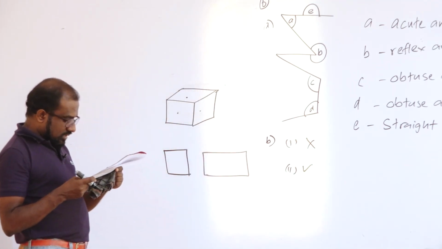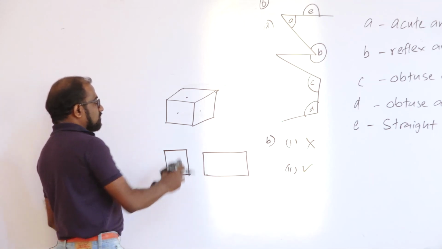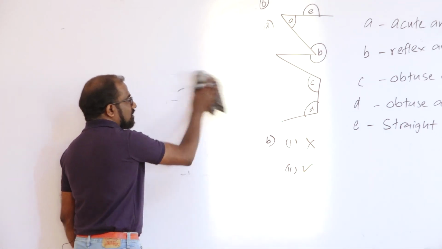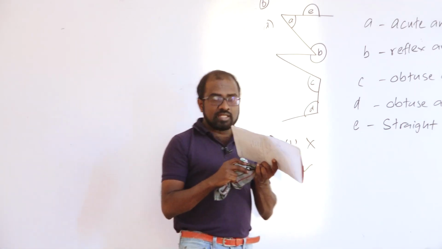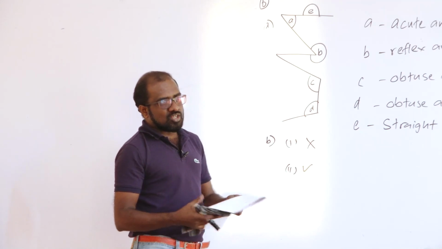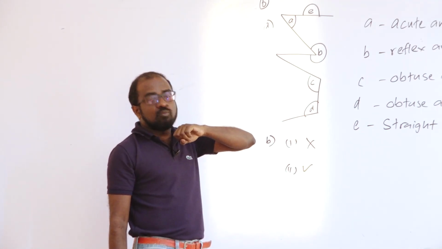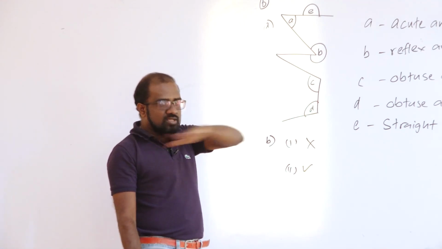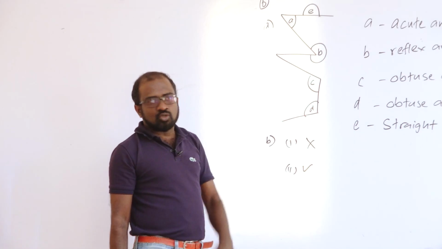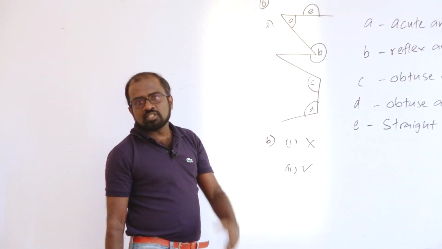Next one. Write 2 examples for vertical planes. We know vertical, what is it? Horizontal comes from horizon. The horizon is horizontal. Vertical is this way.